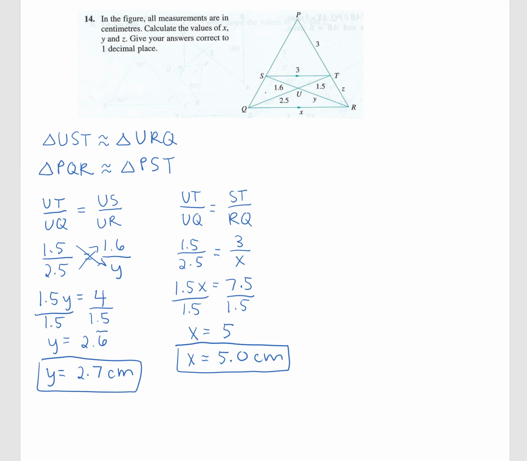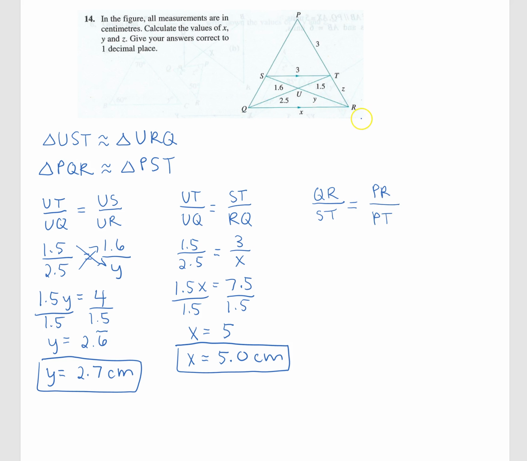So I'm going to put the larger side on top, so that's QR. Corresponding side of the smaller triangle is ST, and that is equal to the big side of this triangle, which is PR, over the corresponding side of the smaller triangle, which is PT.